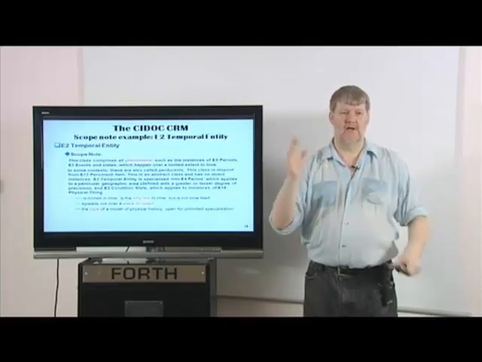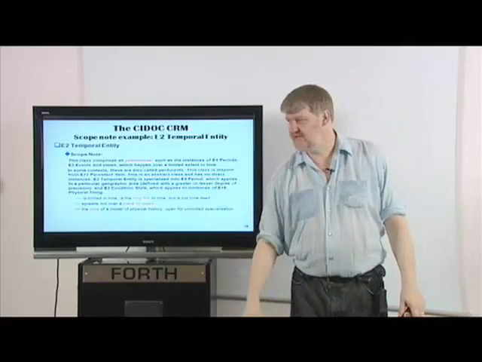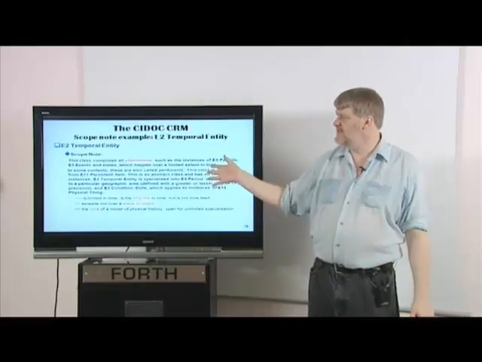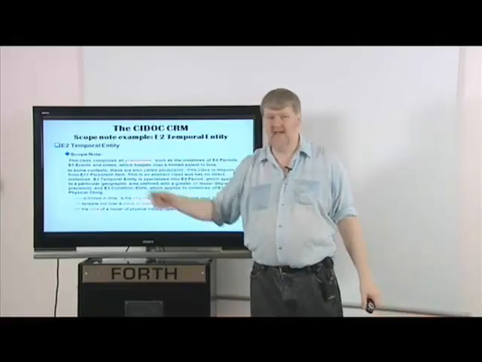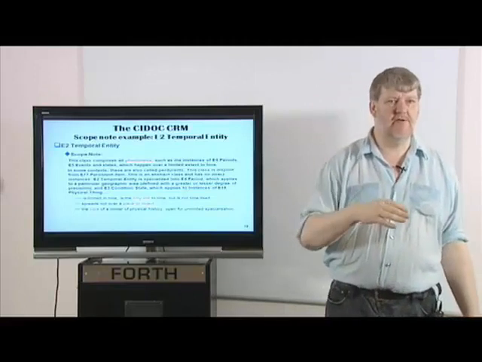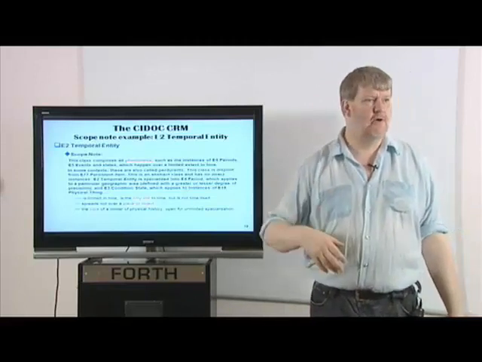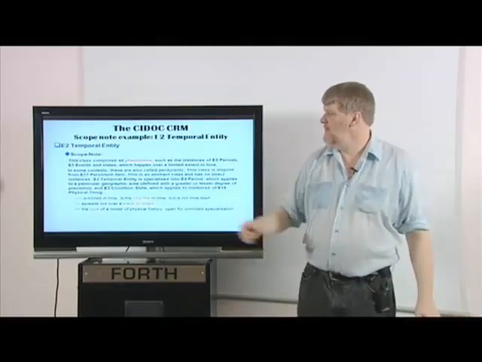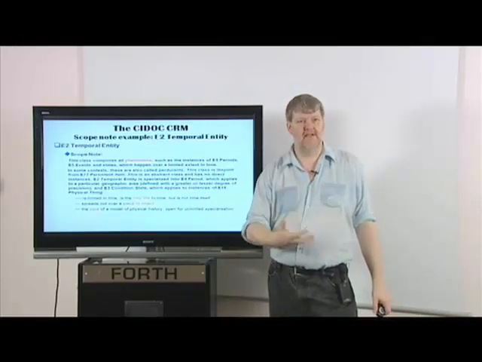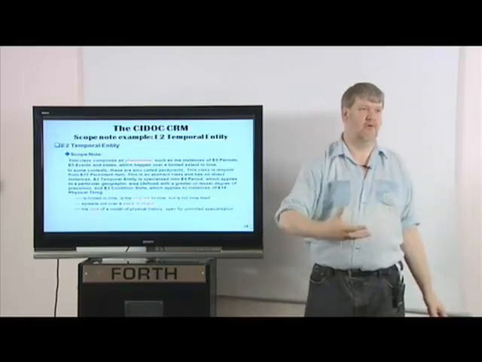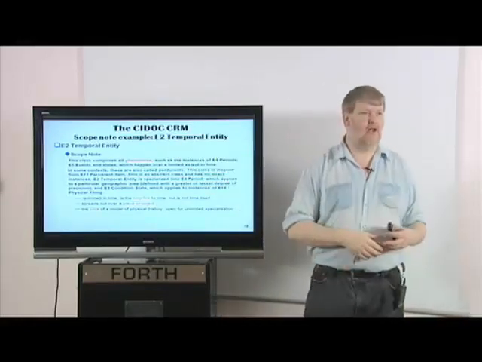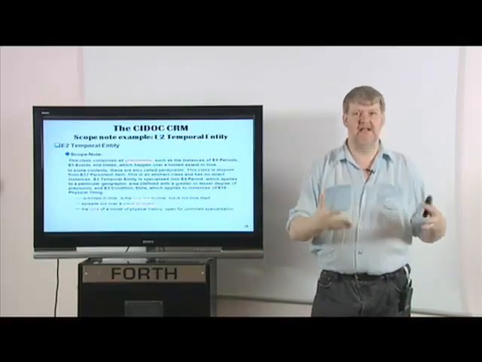Yeah. So each of those has translated the scope note, but it doesn't translate the label. So E2 temporal entity is E2 temporal entity whether you're reading this in Portuguese, French, or German. The scope note is changed into the language to try and explain it to an audience who wants to read in that language. So these names are labels. They don't mean anything. It's the scope note that conveys all the meaning.